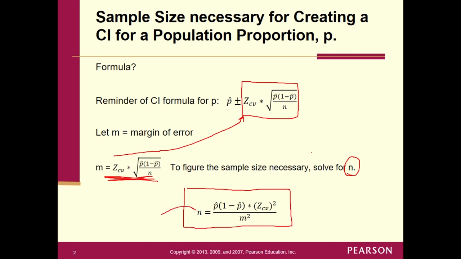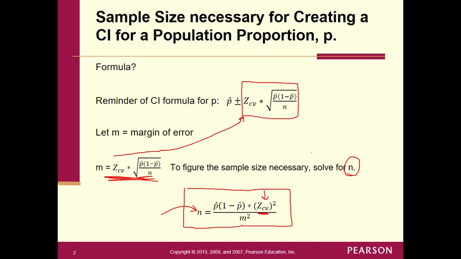Notice n is the sample size. So how large of an n do we need in order to create a confidence interval for the population proportion P? What this is telling us is that if we have an idea of our confidence level like 90% or 95%, remember for 90% we would use 1.645, and for 95% we would use 1.96, that is what's going to go in there.